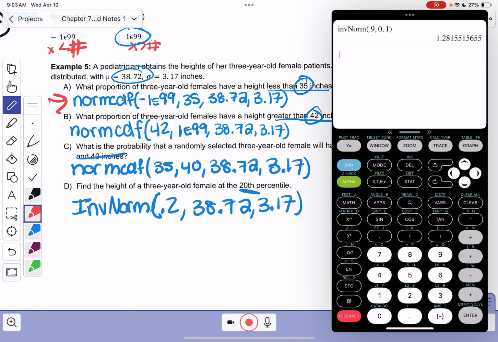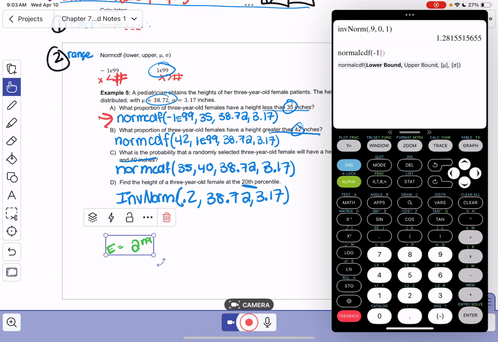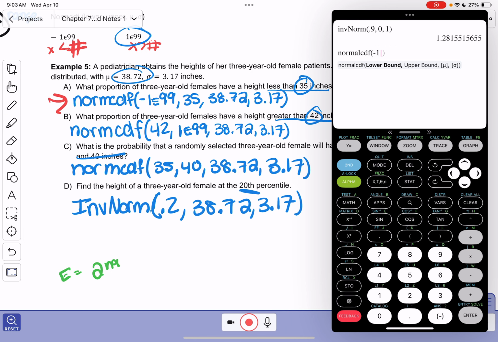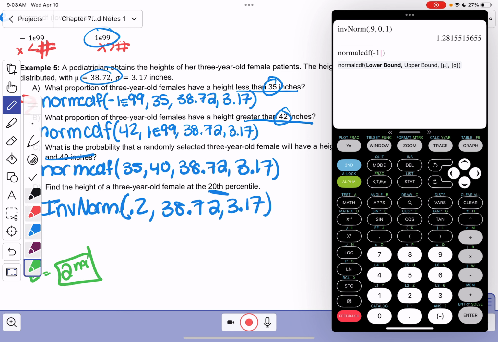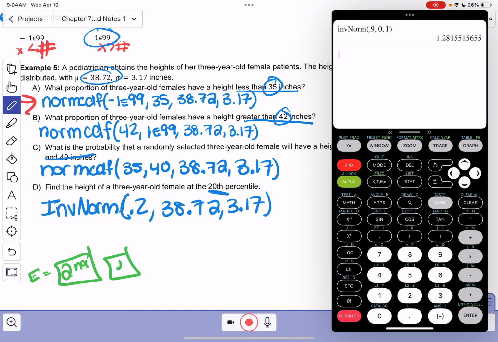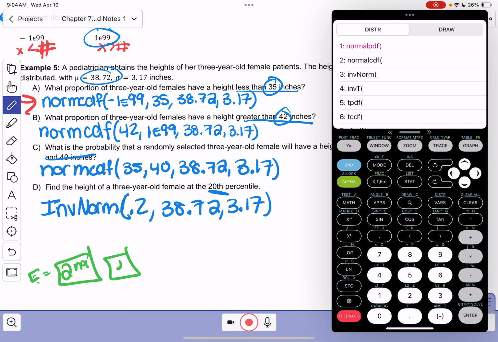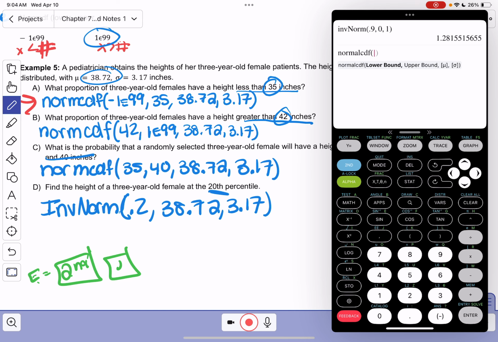So for A, norm CDF, we do second vars 2, and then lower bound is negative 1, and the E is right above the comma. So to get E, you hit second comma. This is just how you do scientific notation in the calculator. Your calculator will have a little capital E, and that's okay. So negative 1, second comma 99.